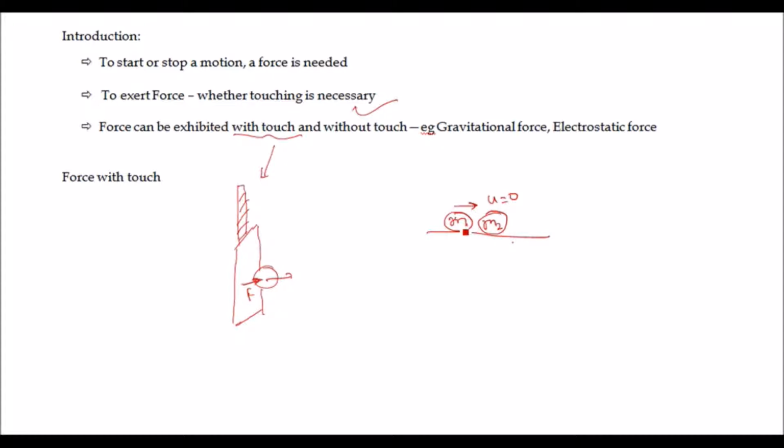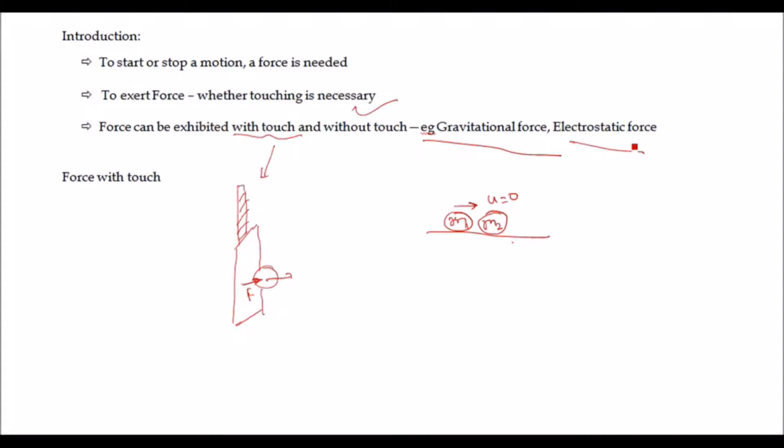So basically force can be exhibited with touch, it is quite clear to you, but force can be exhibited without touch, like gravitational force, electrostatic force. If you drop a ball, you see that the ball moves towards the floor.